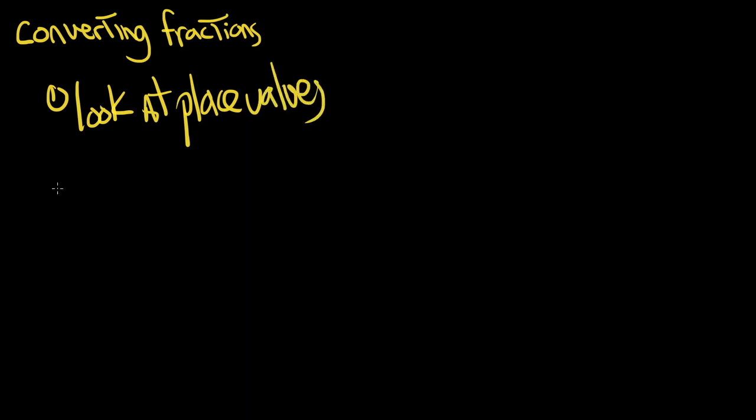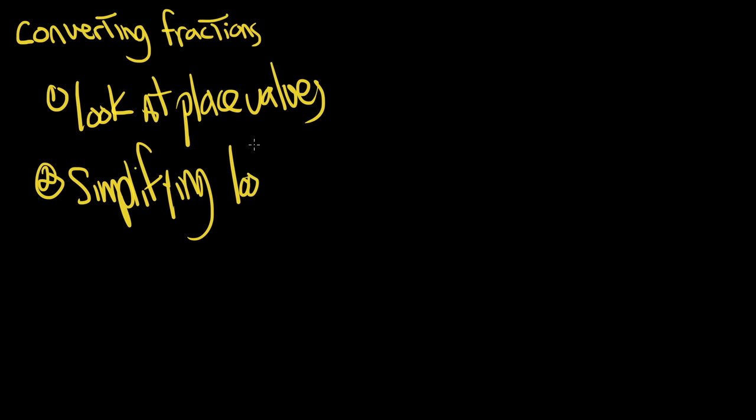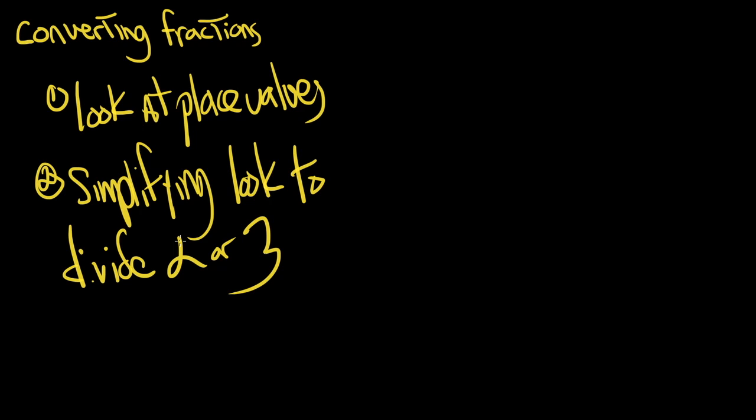And the other one is when you're simplifying, look to divide by 2 or 3. A lot of times students will be looking at a question, they don't know what to do. So if you have some strategies of what to do, then that really is helpful. So look to divide by 2 or 3.